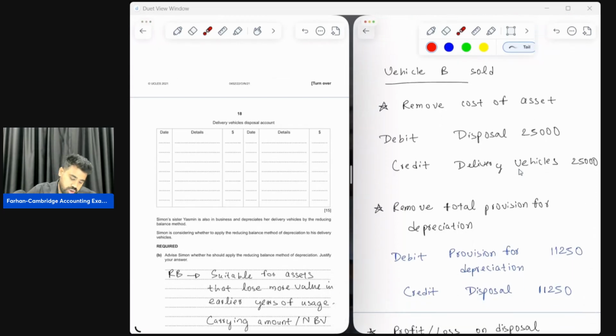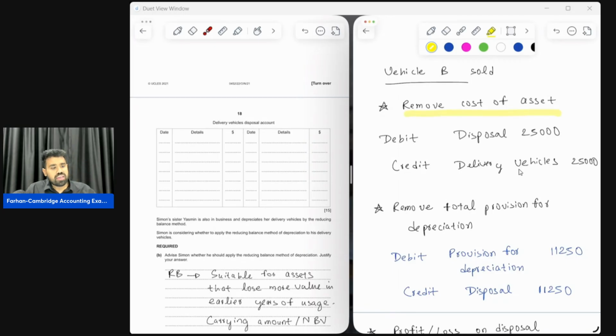Now, I also need you to understand some things which we have discussed to some extent already, but let's go through it again. So we understand that vehicle B was sold, right? And when vehicle B was sold, we no longer have this asset in our books. It belongs to some other guy or some other business. So obviously we have to first remove the cost of this specific asset from our books.